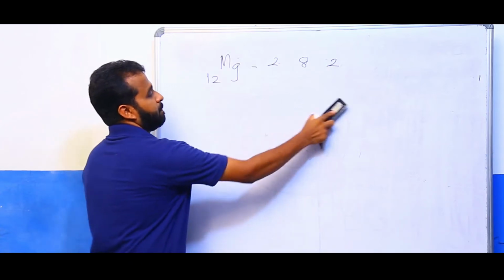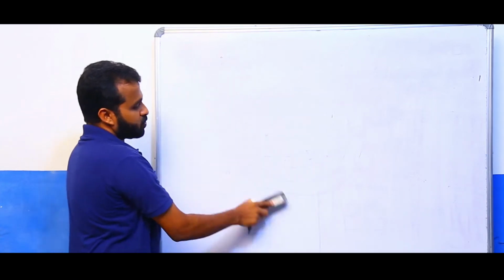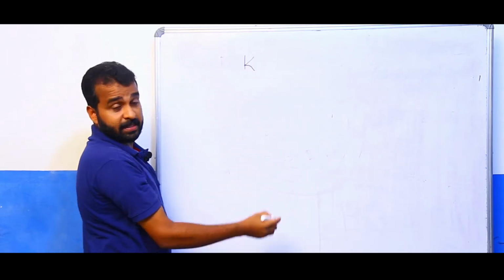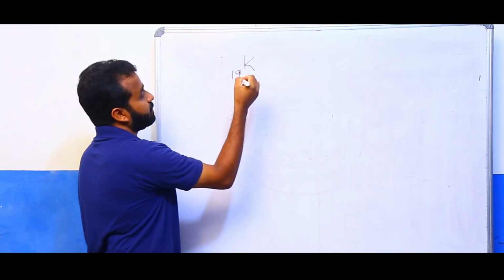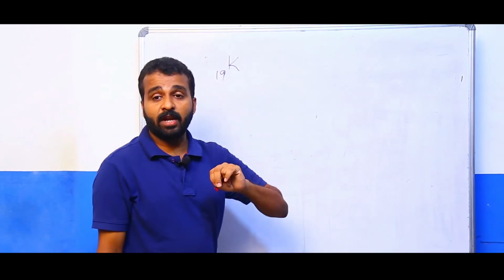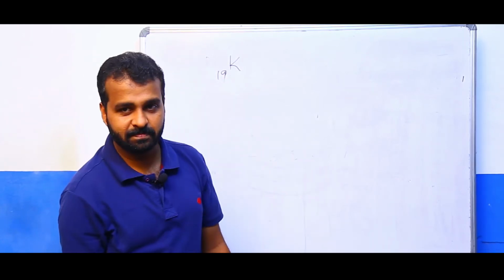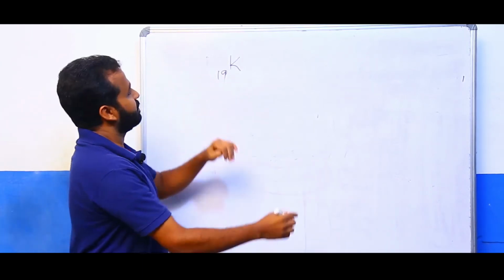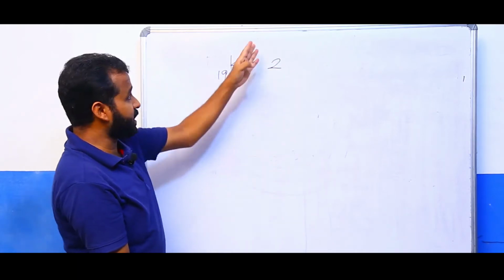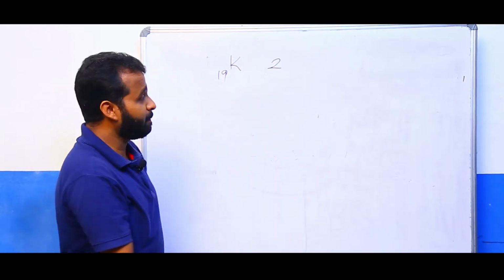Listen. The next atom is potassium with atomic number 19. How to write the shell configuration of potassium? First shell has 2 electrons, because the K shell can accommodate a maximum of 2 electrons.